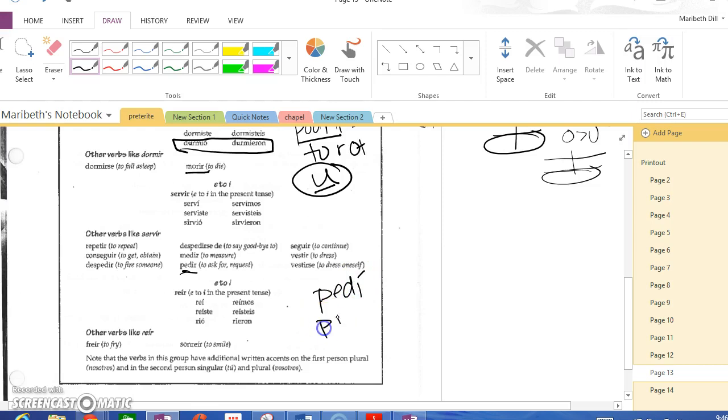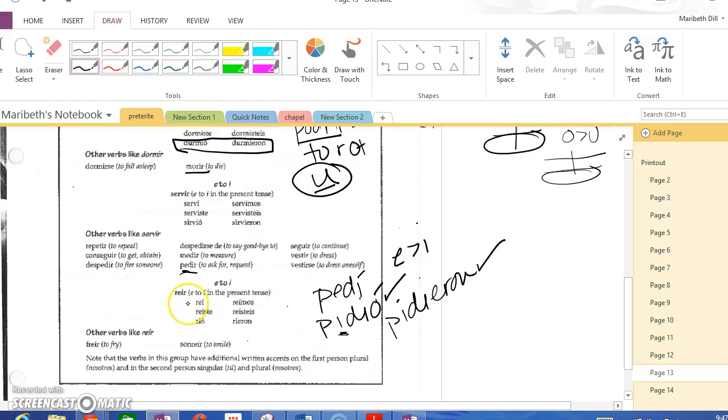Pedí, pidió. E to I only in the él form. Y los niños, ellos pidieron pollo y papas fritas. So that happens E to I only in the él form and the ellos form.